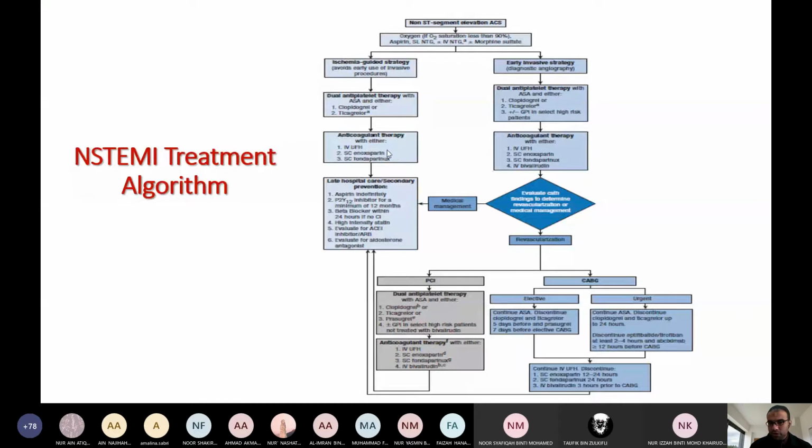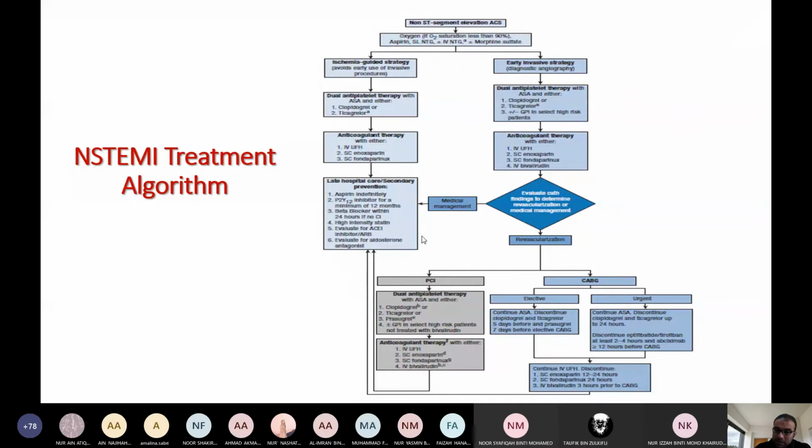And here the approach is already in the acute setting. It is just the medication focusing on the antiplatelet and anticoagulant, and later in the late hospital care, the patient continues the aspirin, continues the clopidogrel or ticagrelor, either one, and is to be started on the long-term management that we will highlight later, like continuing the beta blocker, statin, the ACE inhibitor or ARB, and evaluating whether or not they need spironolactone or an aldosterone antagonist.